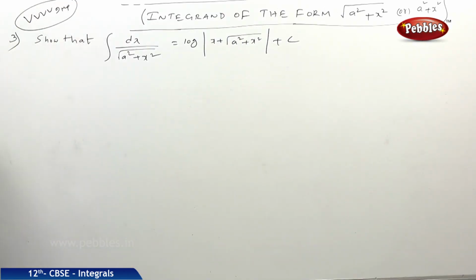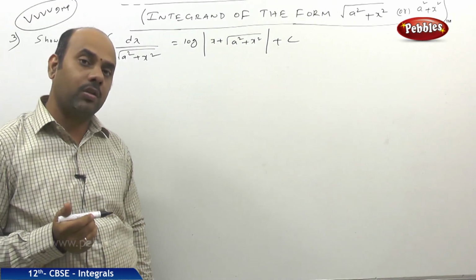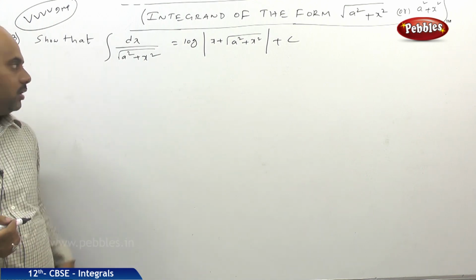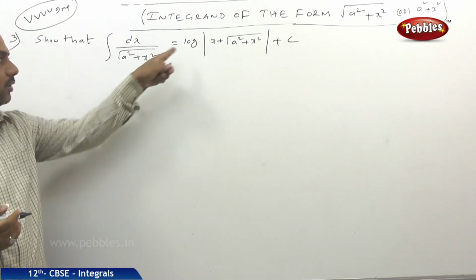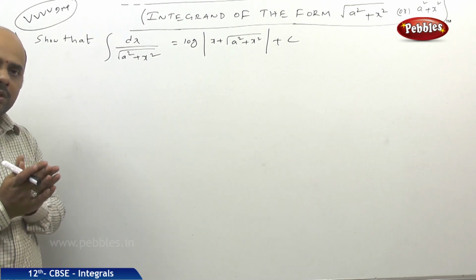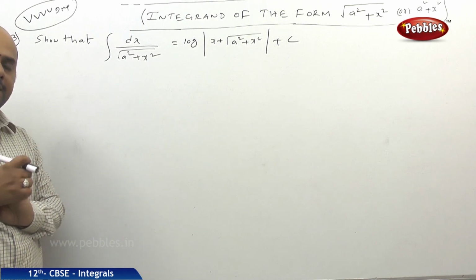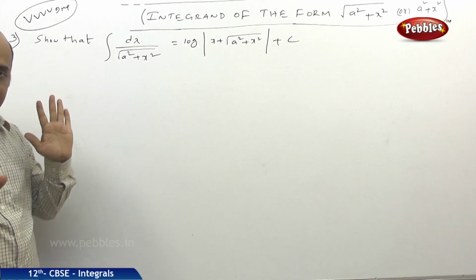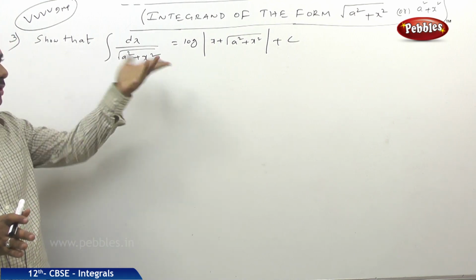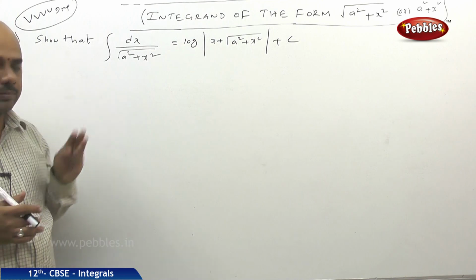Right. Now we shall be seeing one long answer question. Show that integral of dx by under root of a square plus x square is equal to log mod x plus under root of a square plus x square plus c. Right. This should be remembered as a formula for competitive examinations, and in CBSE sometimes this kind of application will also be given.